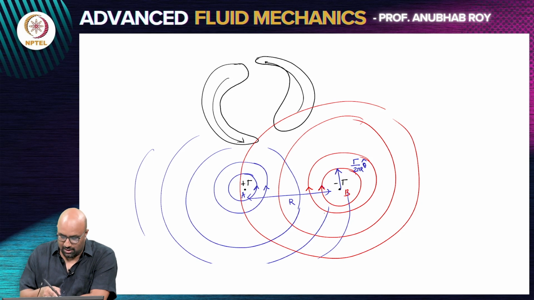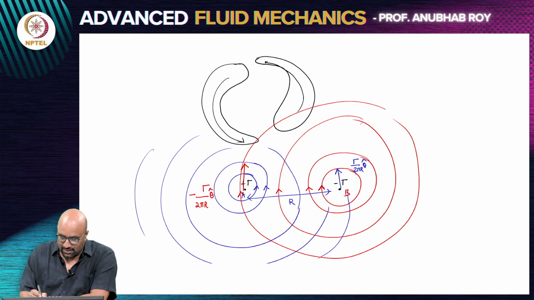Now for the vortex at A, which is in the velocity field of vortex B, you can now see that this is a clockwise spin, which means this particular vortex is going to move with a velocity that is gamma by 2 pi R with a minus sign, theta cap.